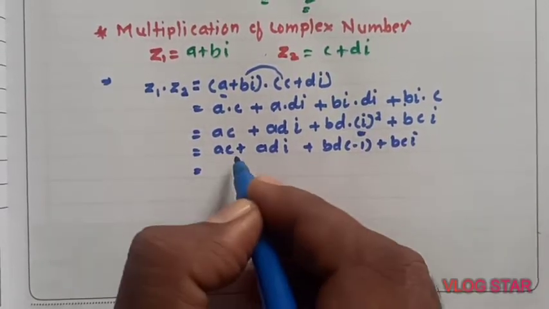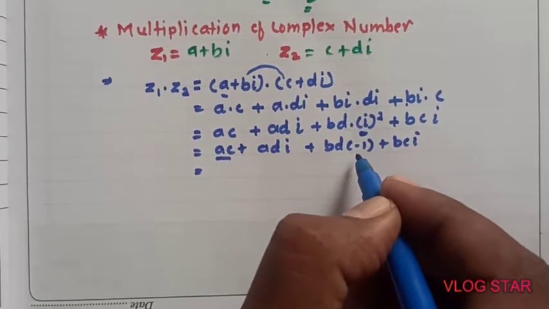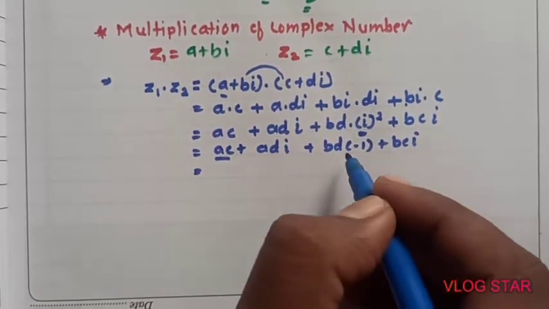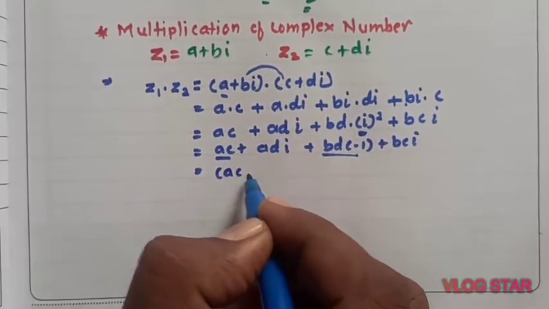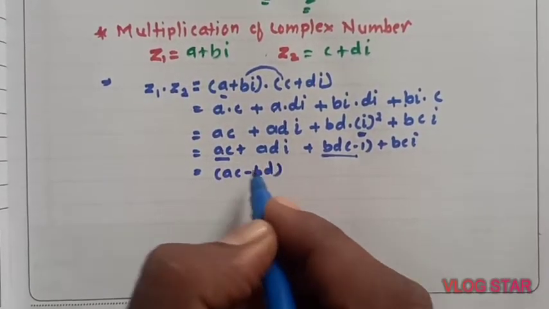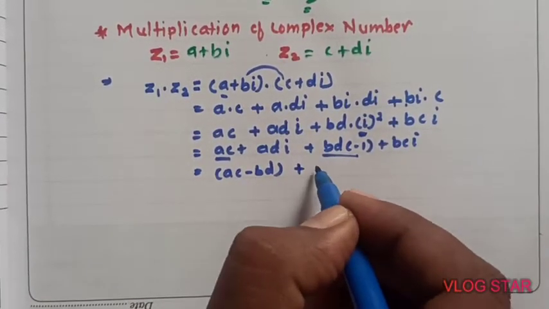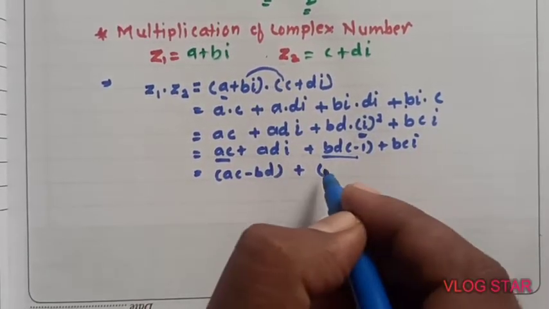So this part ac, and this one, what is that? Minus bd. So I'll take together ac minus bd, because real with real. What is imaginary plus imaginary now? The term with i is the imaginary term.